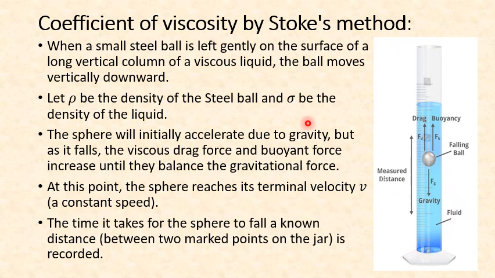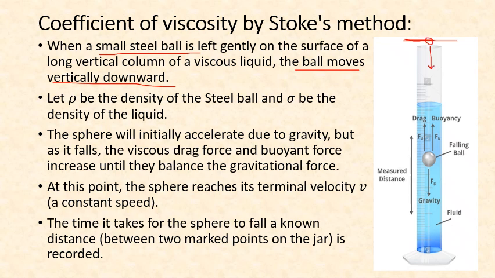Now, what happens is when a small steel ball which is left gently on the surface of the long vertical column of the liquid, the ball moves vertically downwards. For example, let us consider we have dropped the spherical ball from here and it falls downwards.